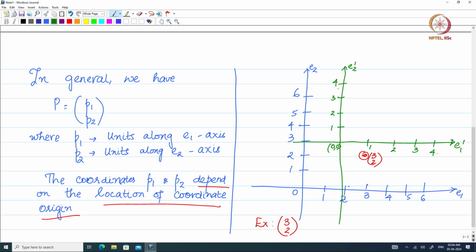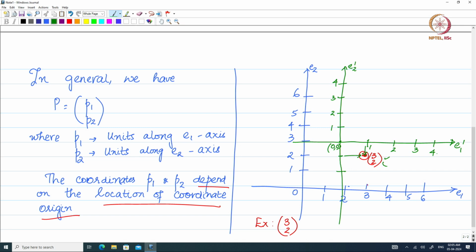In the new coordinate system, the original point (3, 2) would actually correspond to (1, -1). So, this would be 1 unit along the E1 prime axis and minus 1 unit along the E2 prime axis.